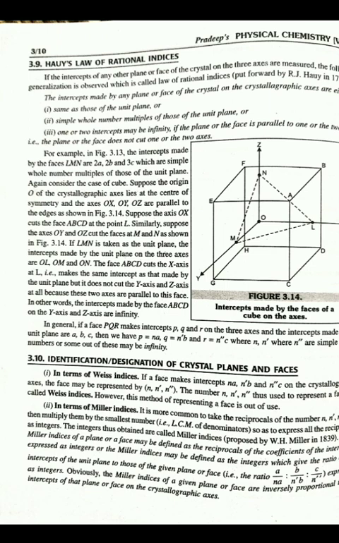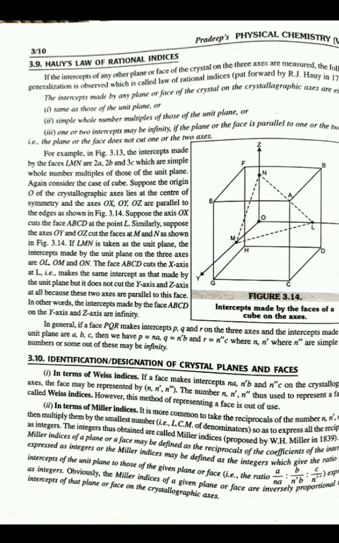In general, if a face PQR makes intercepts p, q, and r on the three axes and the intercepts made by the unit plane are a, b, c, then we have p equal to na, q equal to n'b, and r equal to n''c, where n, n' and n'' are simple whole numbers or some of these may be infinity.